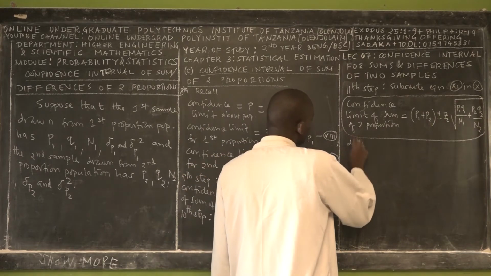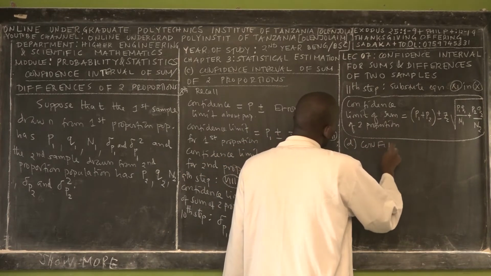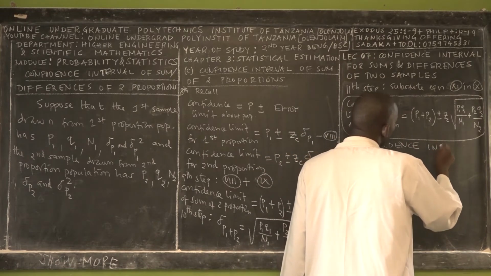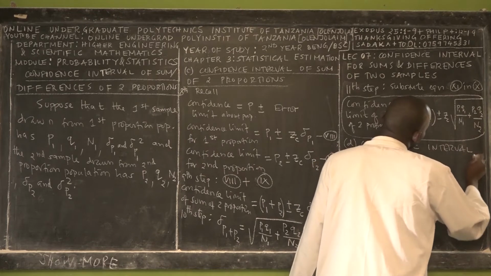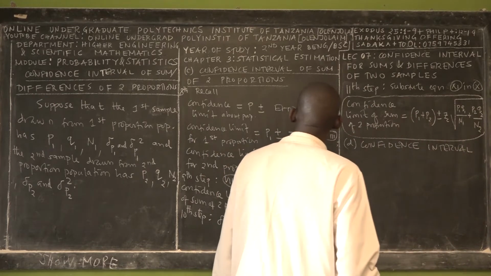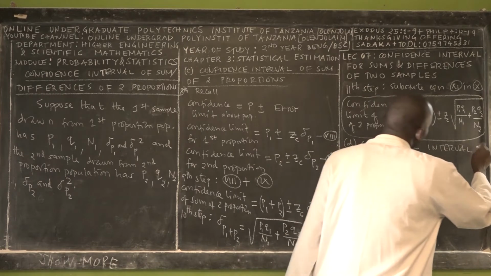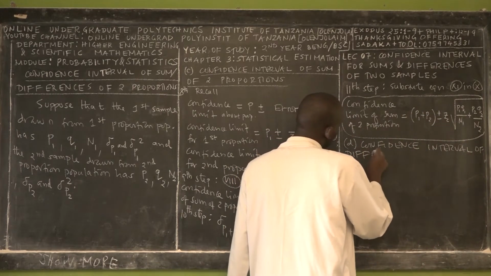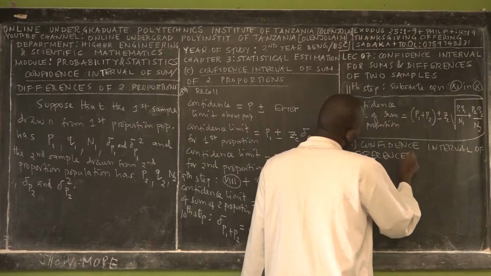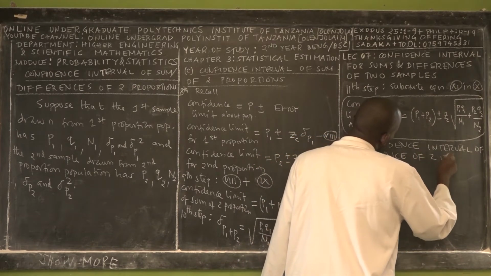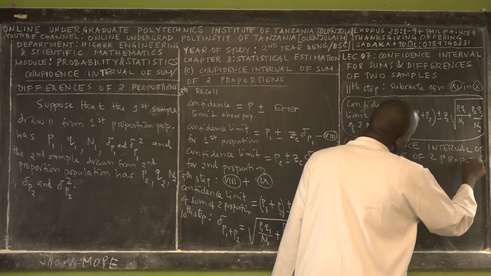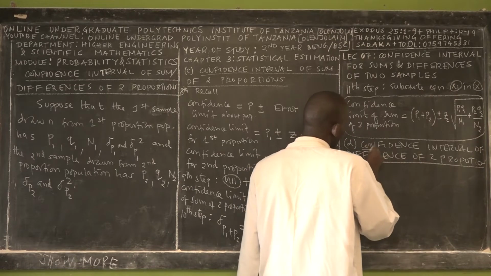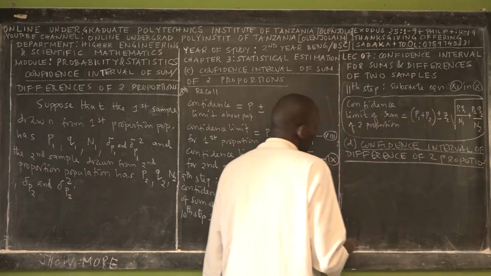D. Confidence interval of difference of two proportions.